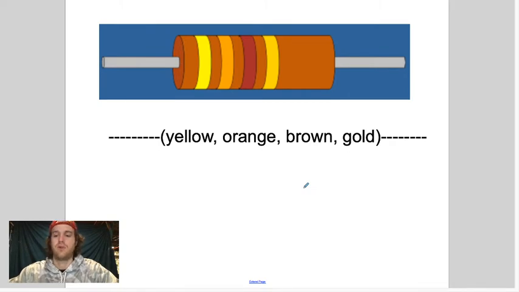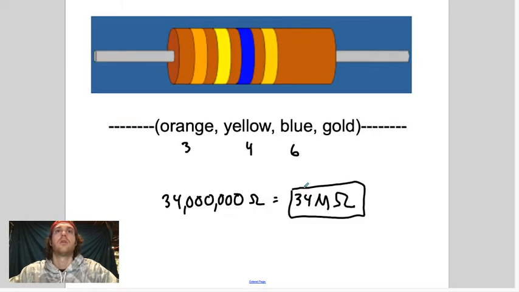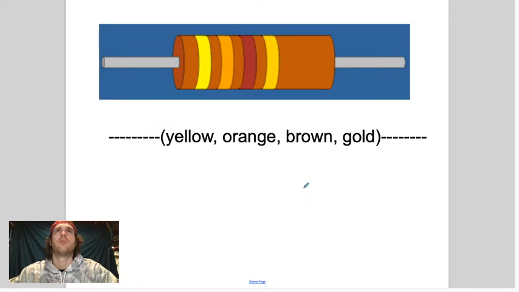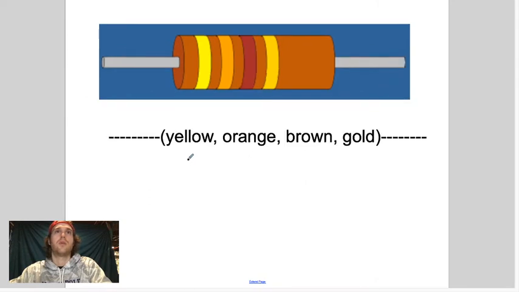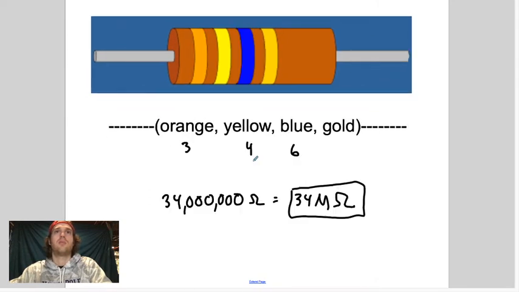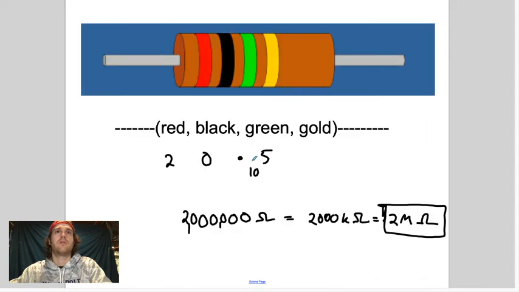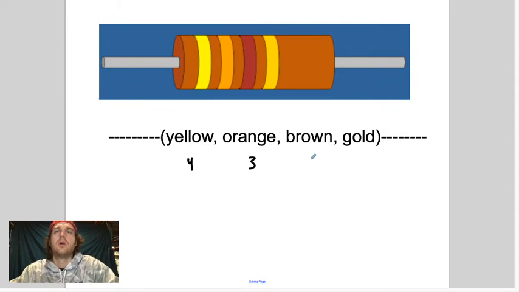Yeah, this is different. Brown. All right, so this is yellow, which is 4, 3, and brown is 1. 4, 3, 1. All right, so that's 43 with 1 zero.